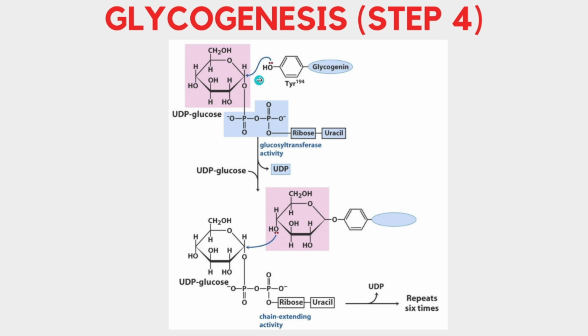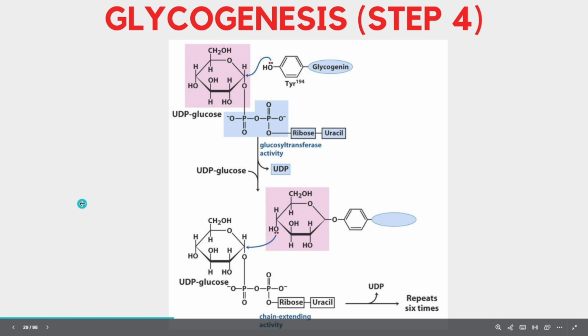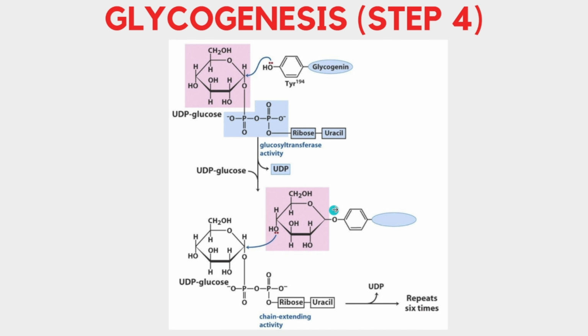So first of all, you have UDP glucose bind to the glycogenin that acts as a primer. After that, many UDP glucose will bind to it, 8 times, so that you have 8 glucose molecules attached to the glycogenin. And then after that, glycogen synthase will take over to form the 1,4-glycosidic bond.